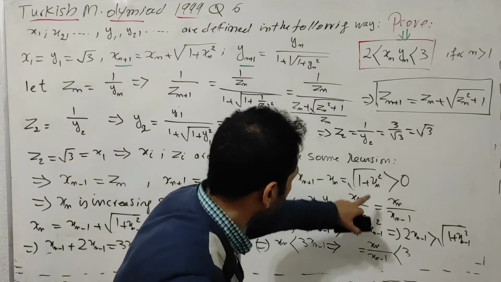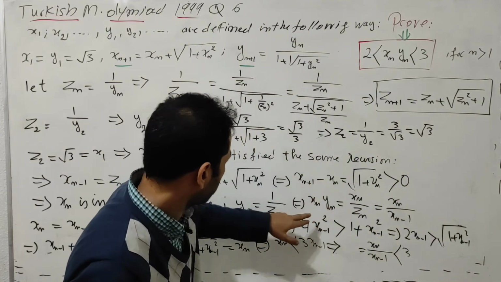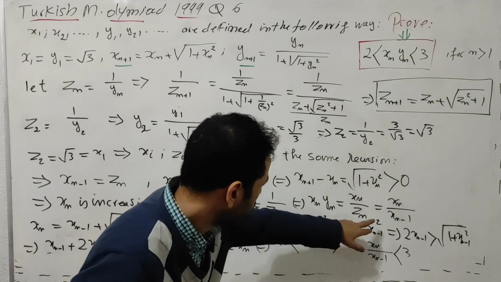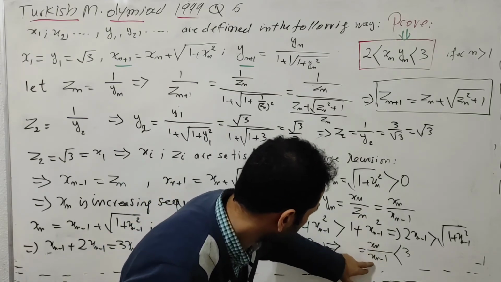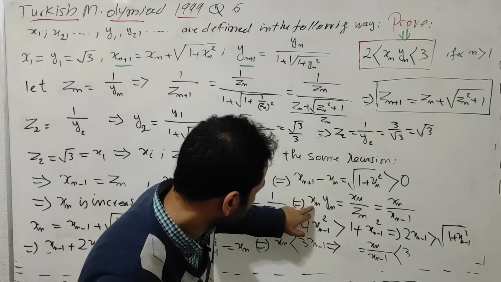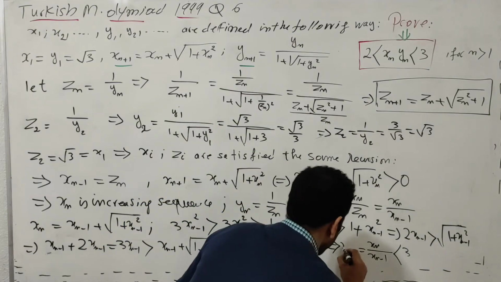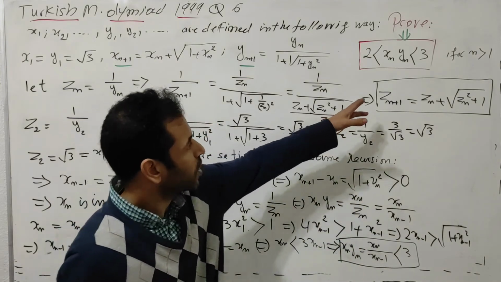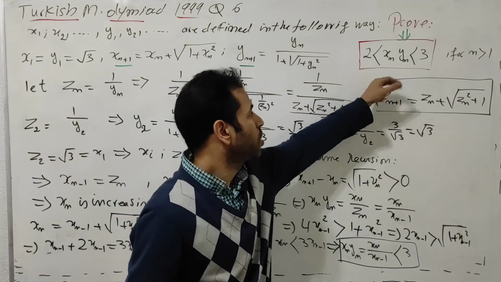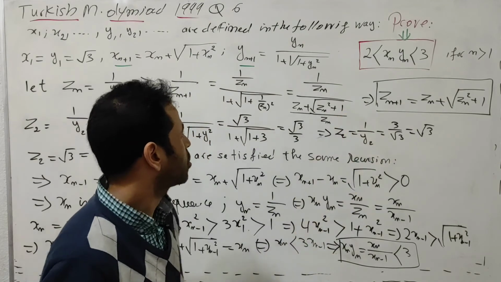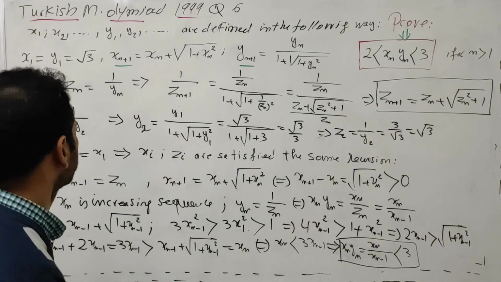This value, we already proved. We have x sub n over x sub n minus 1 equal to x sub n multiplied by y sub n. Okay, I'm going to replace it. Now we have proven the right hand side of this inequality. I'm moving on to the left hand side of this inequality after cleaning up this board.